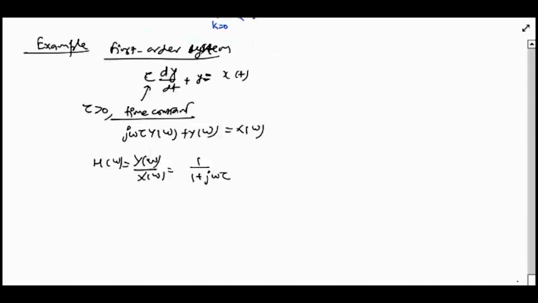Notice that the modulus of this function H(omega) is 1 over root of 1 plus omega square tau square, which if we plot looks as follows.